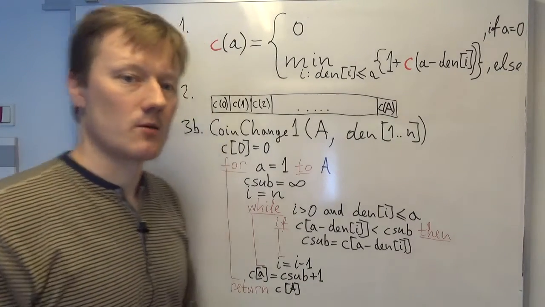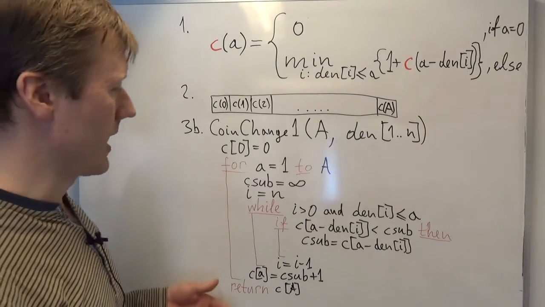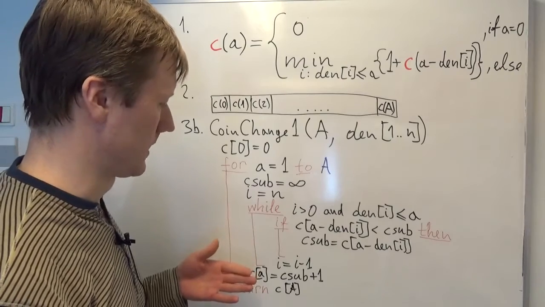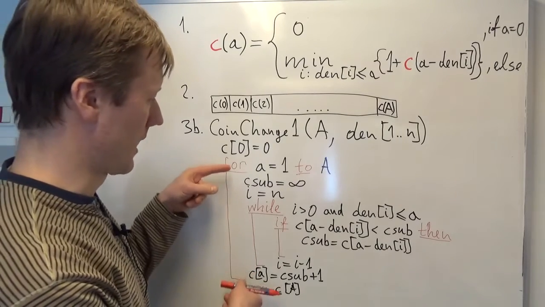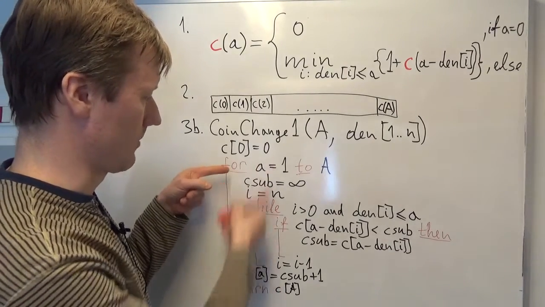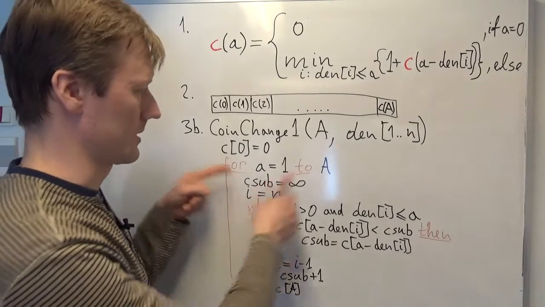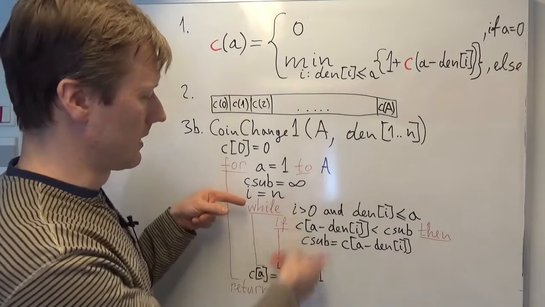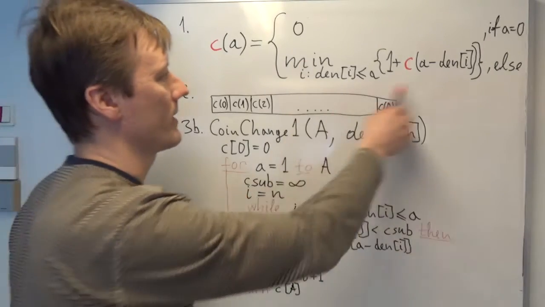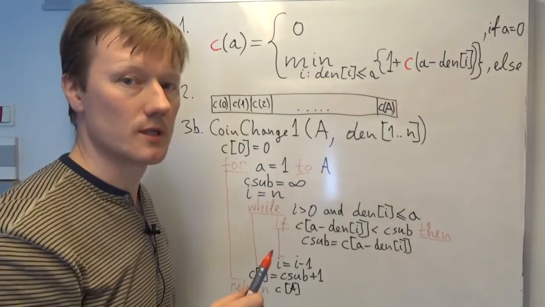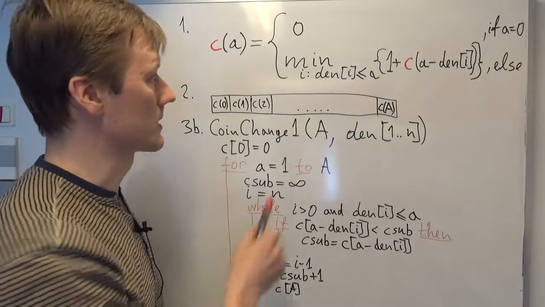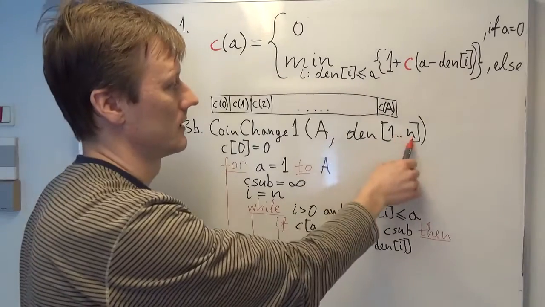So to analyze the complexity of the algorithm, we can always think in these terms. First, how many subproblems do we have? So how many iterations of the outer loop? In this case, it's capital A. And then inside, how many choices do we have to consider to solve each subproblem? In this case, it's at most n.